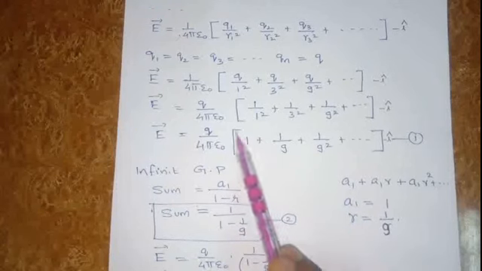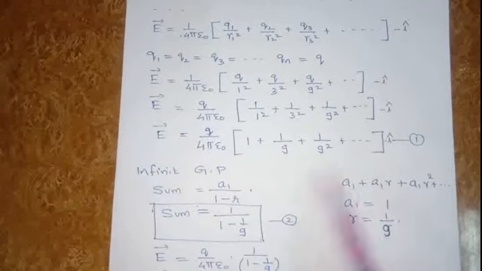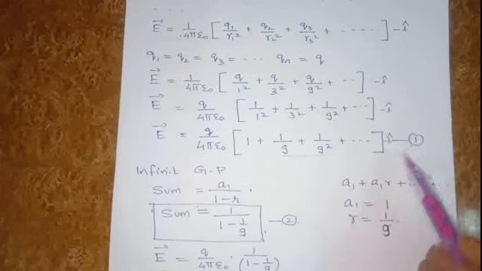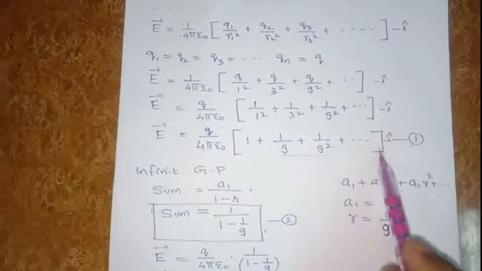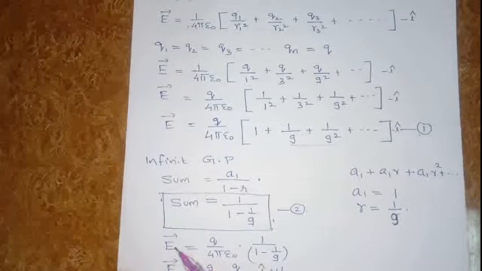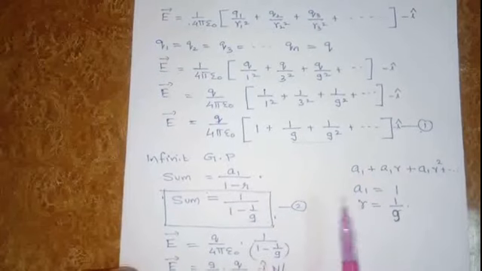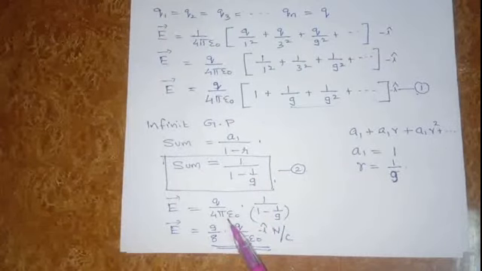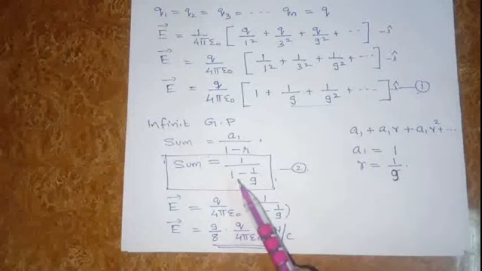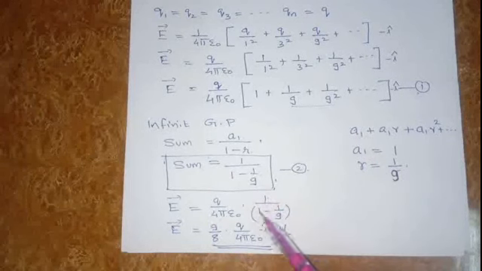So this sum I can replace using this equation, substituting 2 in 1, or replacing the bracket term by this particular sum. So I'll be getting E, the net electric field E, is equal to q by 4 pi epsilon 0 into, instead of the term inside the bracket, I can substitute this sum, 1 divided by 1 minus 1 by 9.